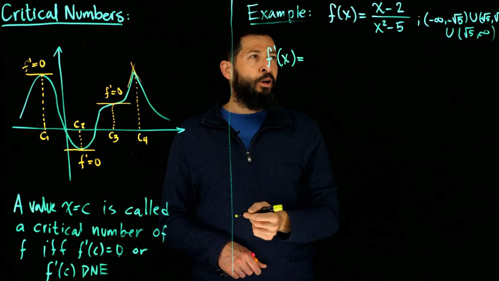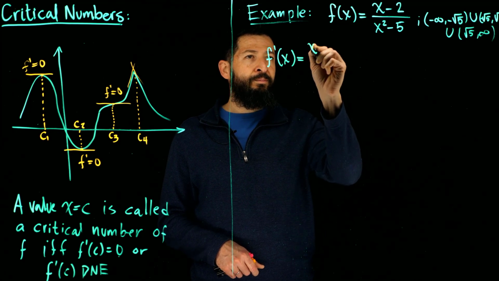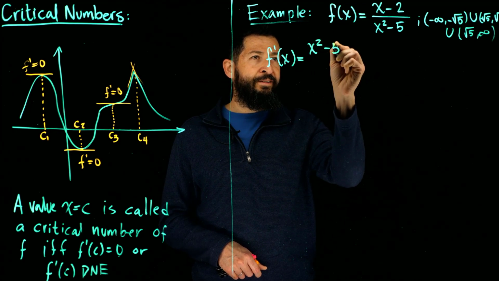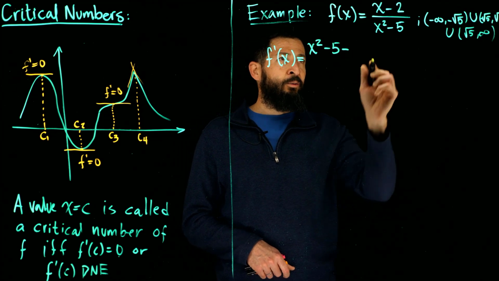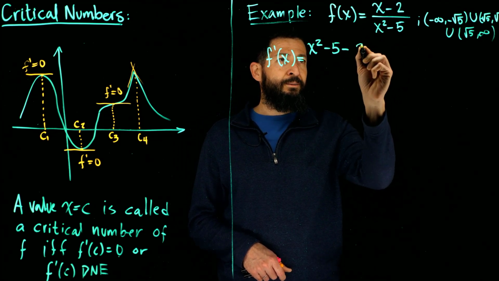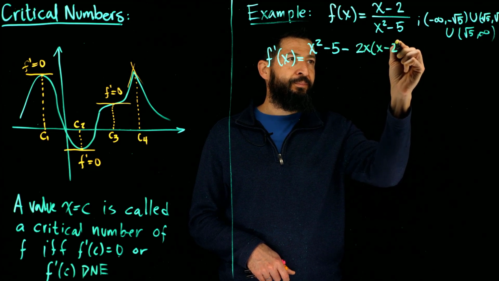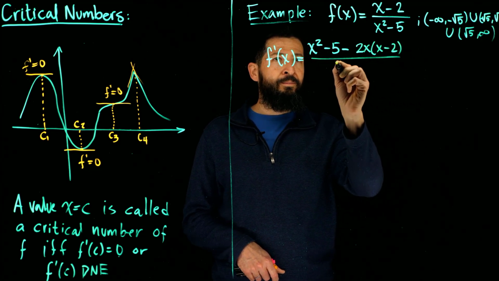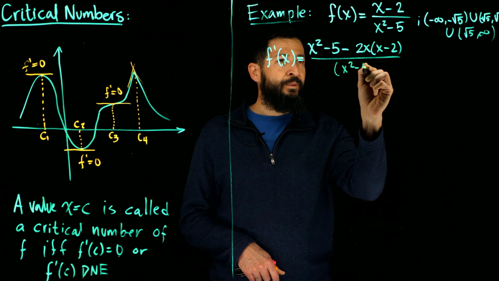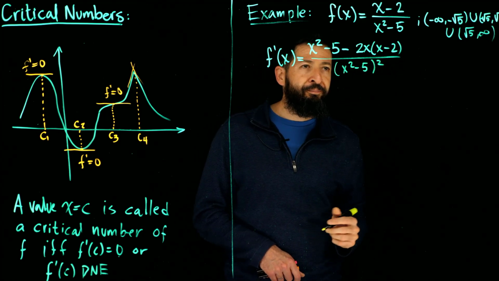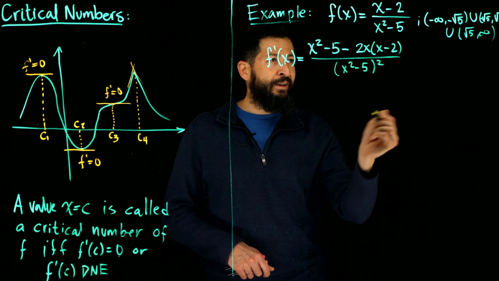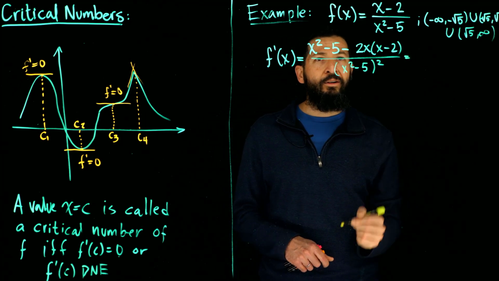The derivative of the top is 1 times the bottom, x squared minus 5, minus the derivative of the bottom, 2x, times the top, all over the bottom squared.